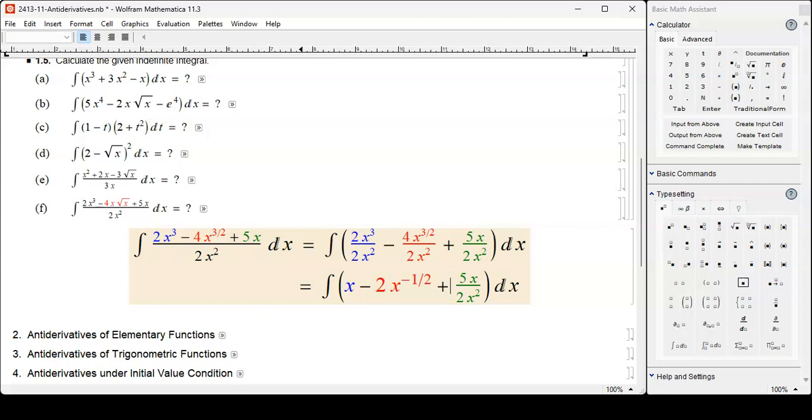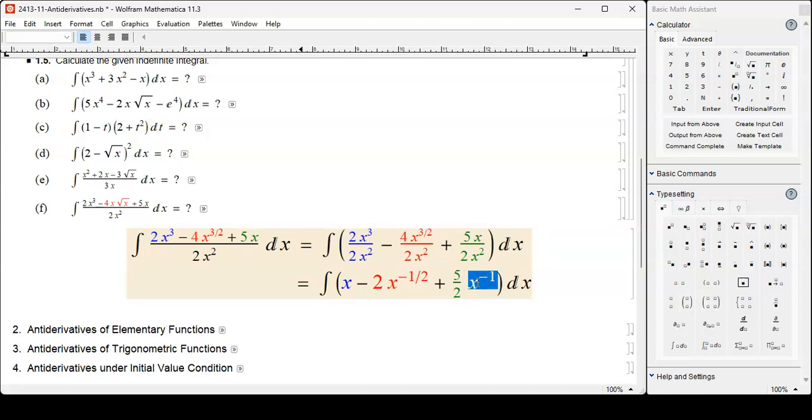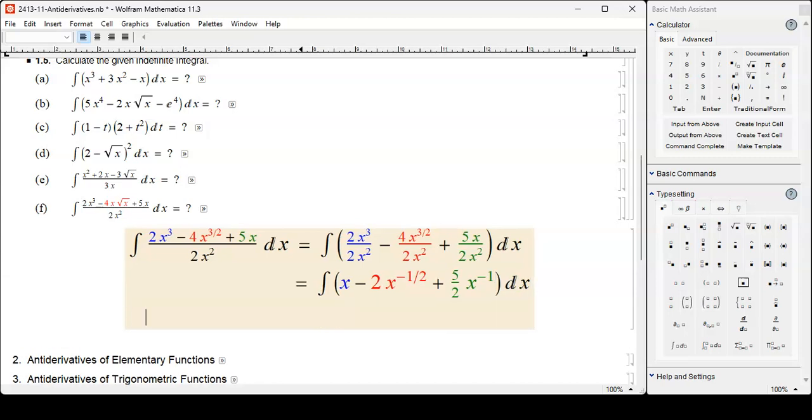Please check if my computation is correct. 5 over 2, okay, all right. That's a number part. And then first power, second power, so negative first power. Please check. Did I do this right?